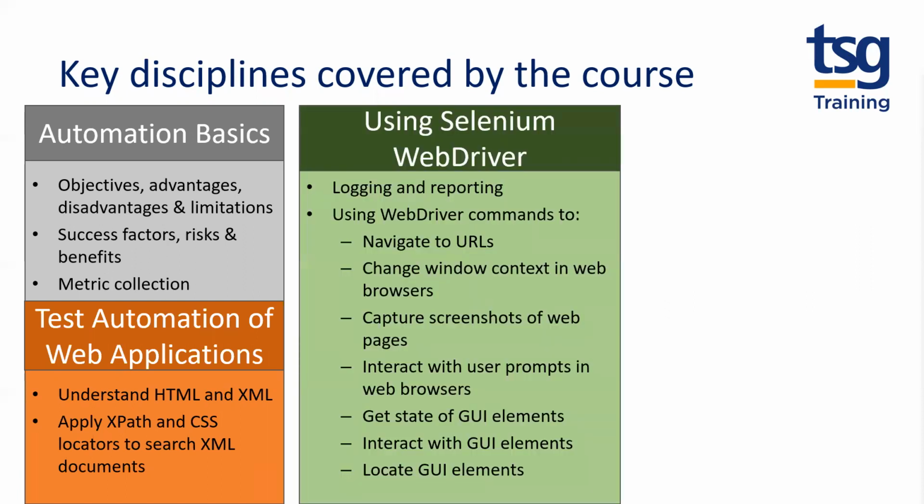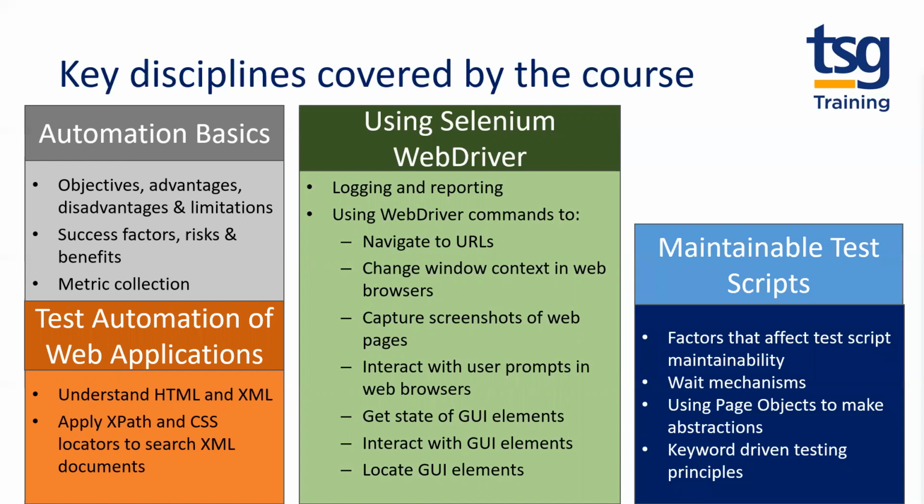And then we start using Selenium WebDriver itself, and we talk a lot about logging and the importance of logging, and then creating scripts, locating elements, capturing screenshots, interacting with the elements. And finally, we talk about the criticality of creating maintainable test scripts. So that's an overview of the disciplines covered by the course.